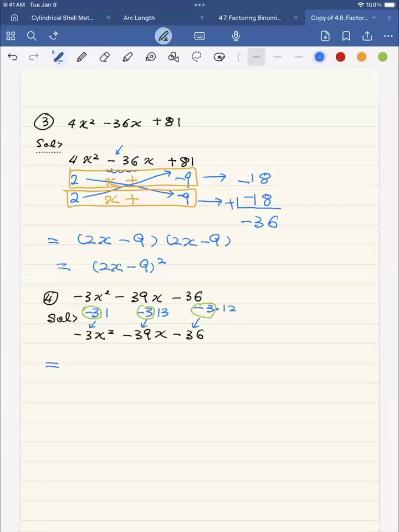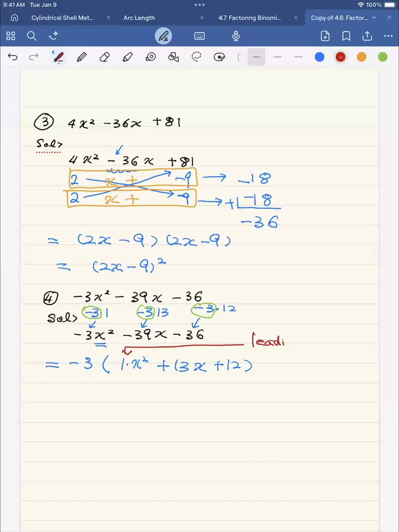We take out negative 3, then open parenthesis, the remaining one is 1 times x squared plus 13x plus 12.